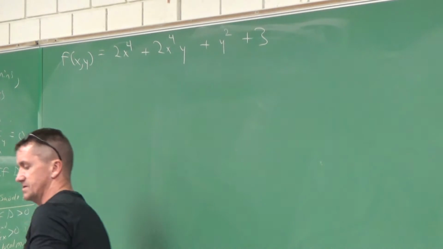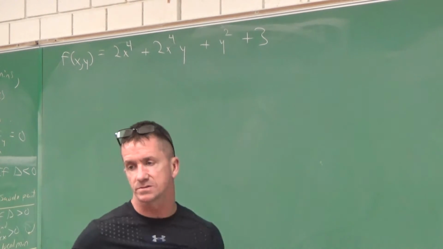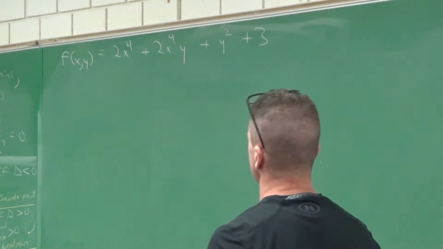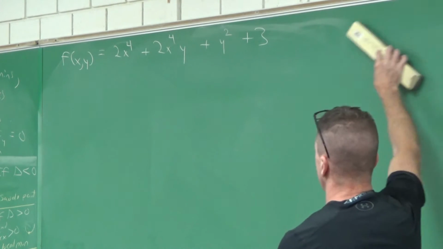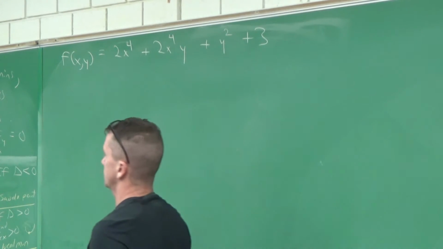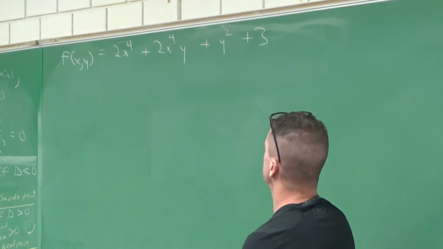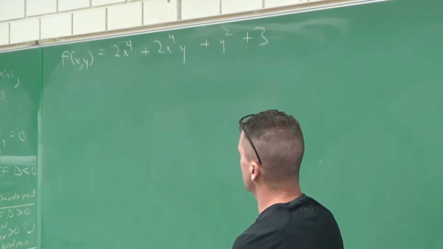And the question is, find all the local maximum points, local minimum points, and the saddle points, if they exist. If they exist. So we could come out in the end and have only saddle points, or maybe one local min and that's it, or a local min and a local max. We never know what critical points we're going to get until we start working out the math.